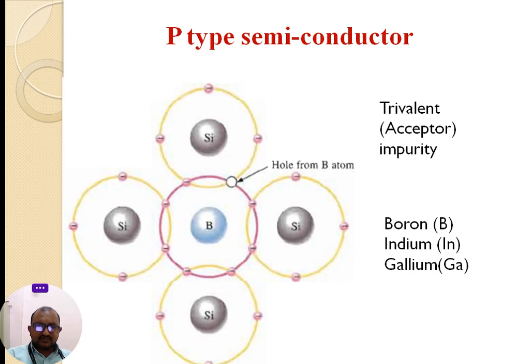The boron atom contains 3 valence electrons. Only 3 covalent bonds are completed, but the last covalent bond is incomplete. Then boron seeks 1 electron from the surroundings to complete its 4th covalent bond. Hence it is called an acceptor impurity, because it accepts an electron from the surroundings.